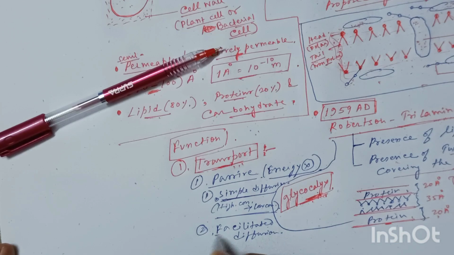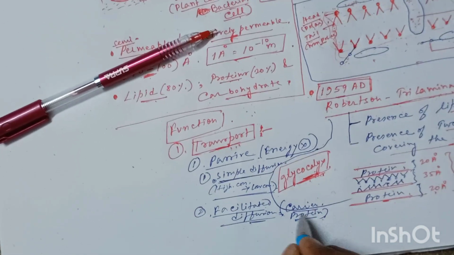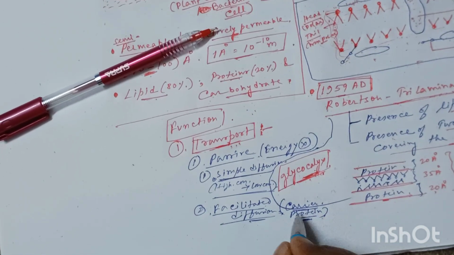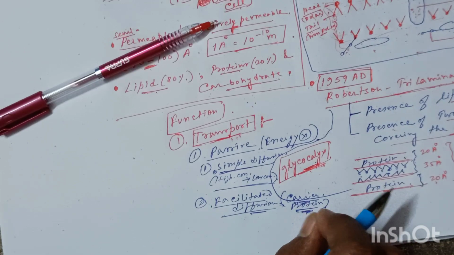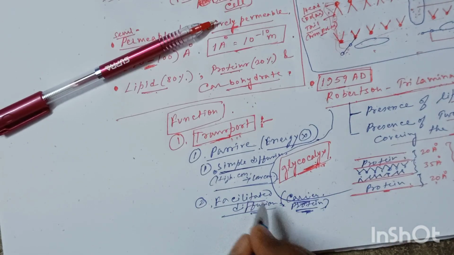Facilitated diffusion also occurs from high concentration to low concentration, but here a carrier protein is required to carry out this facilitated diffusion.